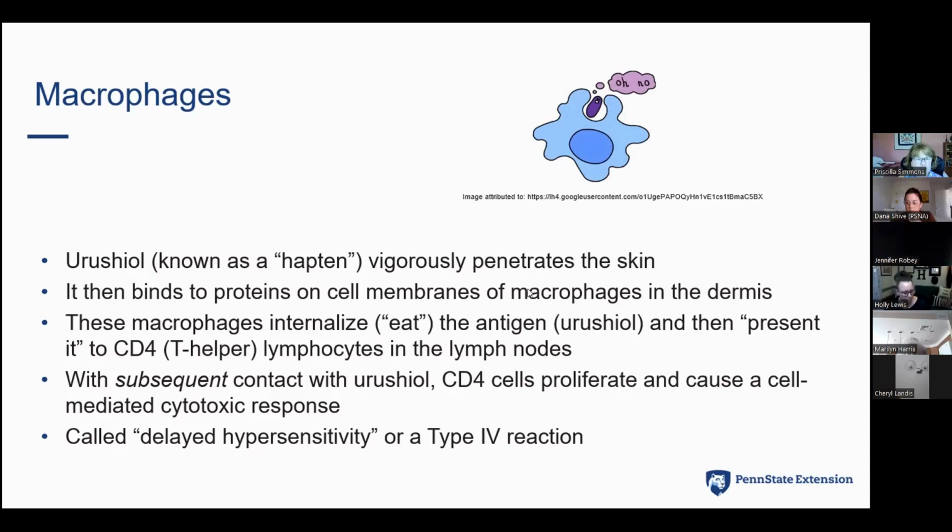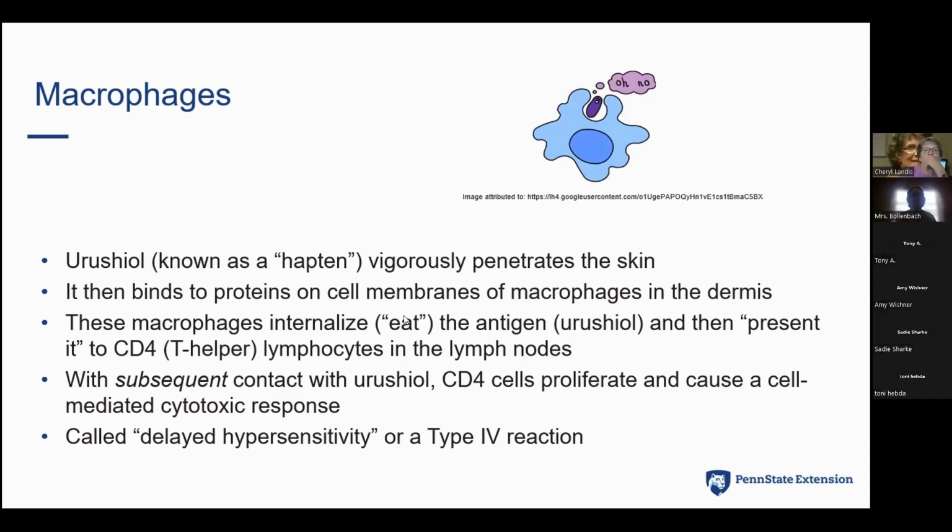It penetrates the skin and then it binds onto the cell membranes of macrophages in the dermis. And if you remember, the macrophages are the first step in an immune reaction.